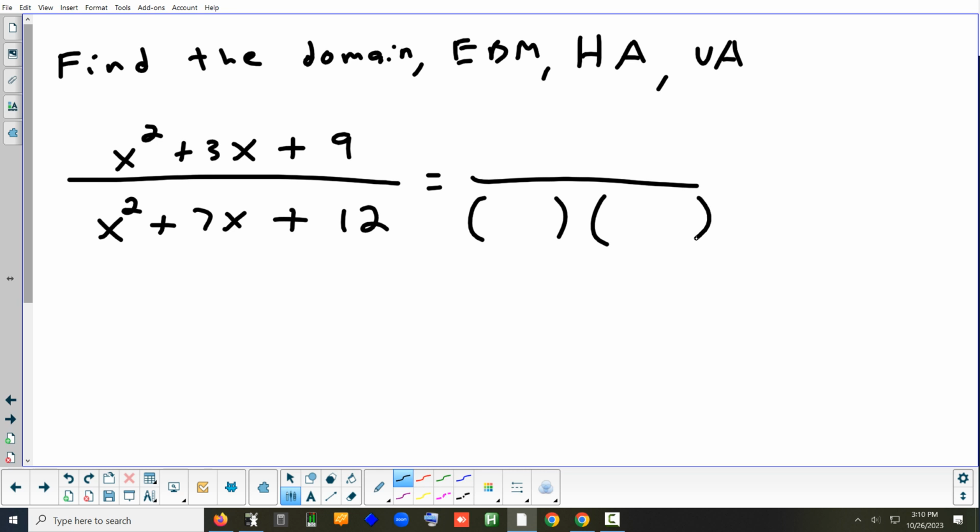Looking at the numerator, I can tell that that's not factorable, so we're not going to end up with common factors in the numerator and denominator. That's important because if we ended up with common factors, what would you have in the graph instead of a vertical asymptote? A little circle thing. Yeah, you'd have a hole in the graph. So that's not going to happen on this one.